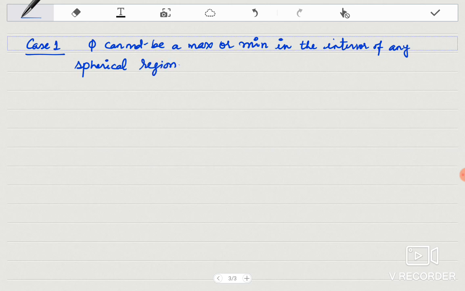So in this corollary we will suppose that φ maximum or φ minimum exists somewhere inside the spherical region.